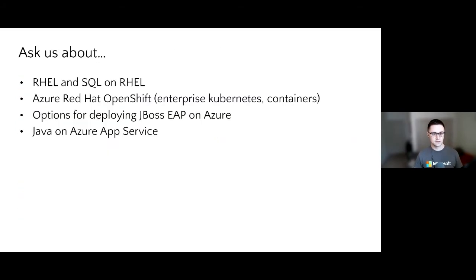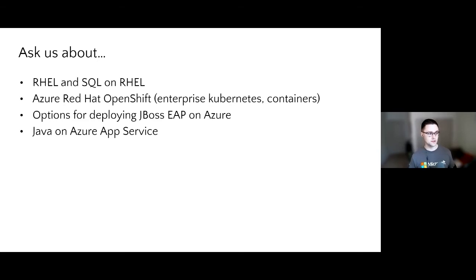Like I alluded to, today you can ask us about RHEL and SQL on RHEL as well as Azure Red Hat Openshift, enterprise Kubernetes, containers, and all of that great stuff. You can also ask us about all of the different options for deploying JBoss EAP onto Azure, as well as Java in general on Azure App Service.